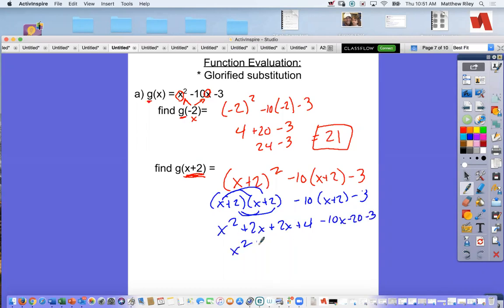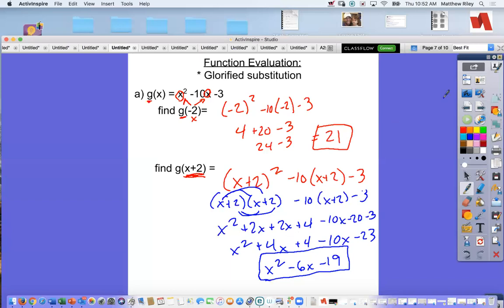So X squared plus 4X plus 4 minus 10X. Combine your like terms. So when I replace X with the quantity of X plus 2, that's what I get.